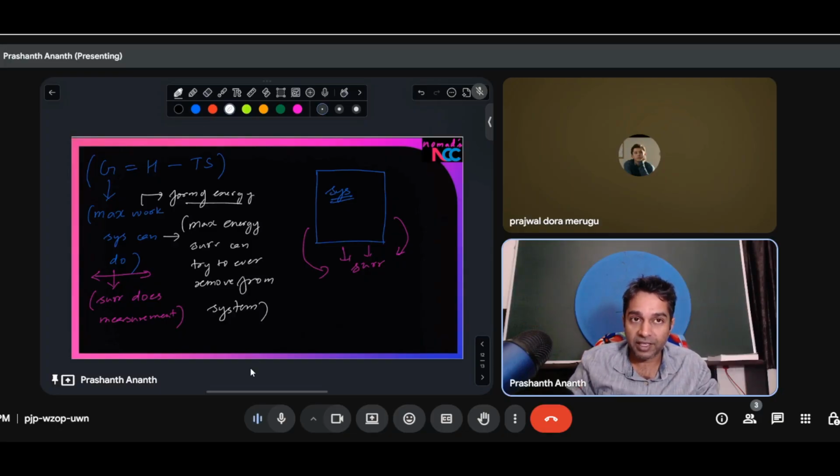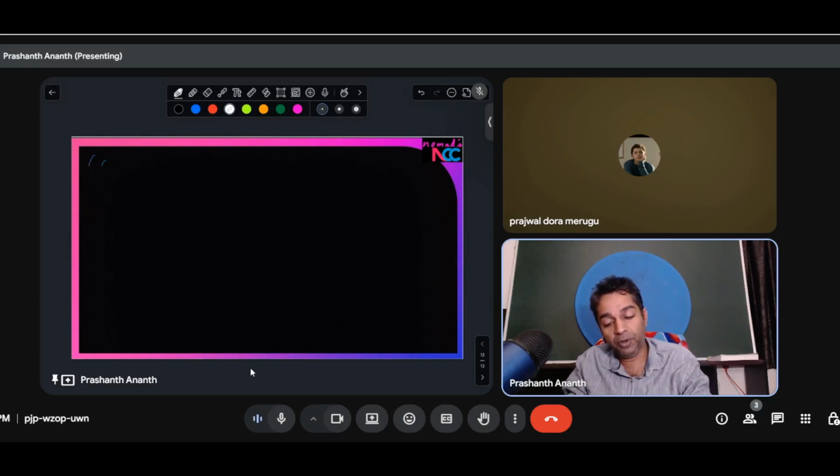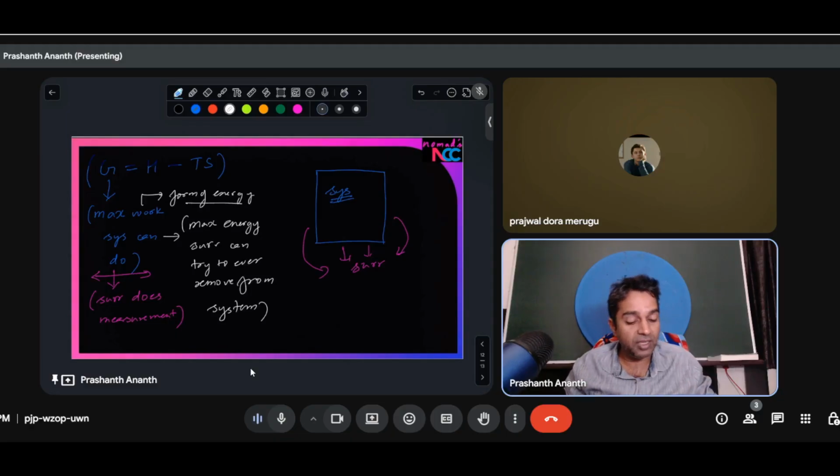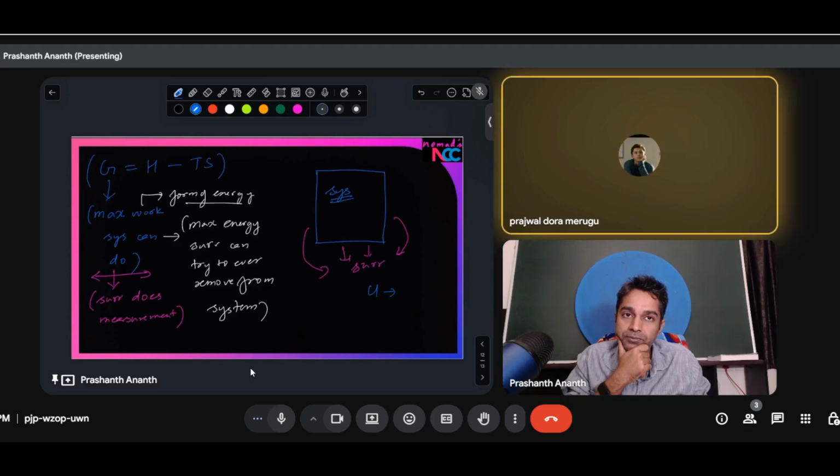Do you understand the English language over here properly? Yes, sir. Because only when you understand the English language will the definition start becoming more and more obvious. Okay, now let us try to understand the system. We have discussed different things about the system, correct? So let us talk about what is internal energy of the system. What does U represent? The internal energy of the system.